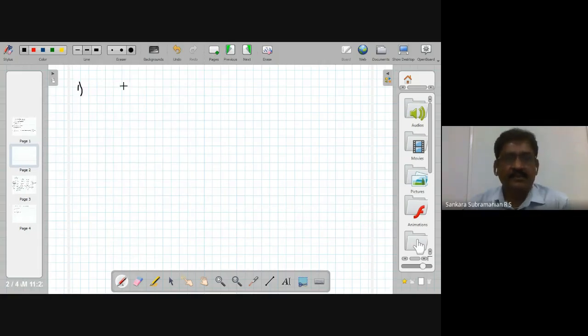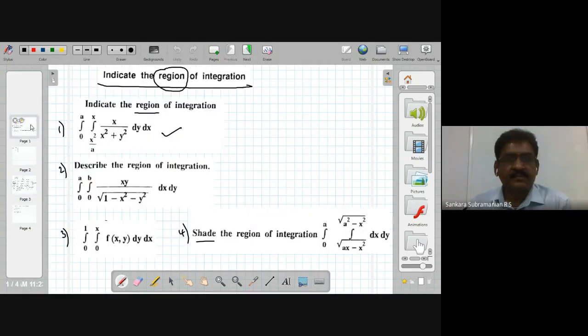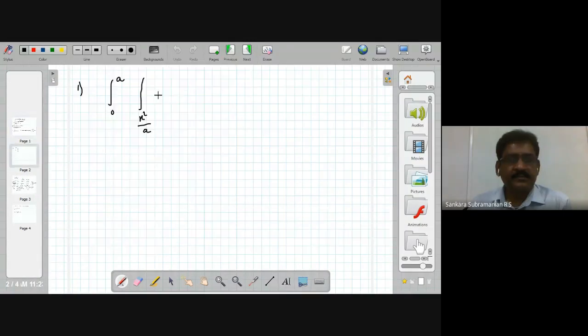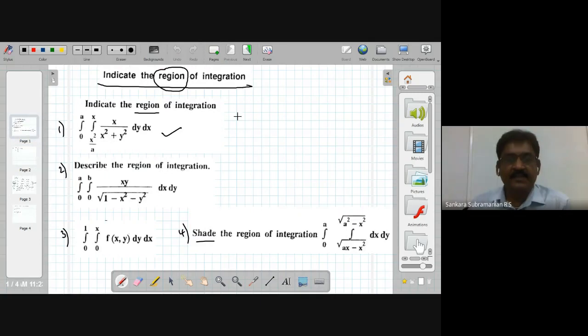Problem number 1: integral 0 to a, integration x square by a to x, and there is a function f(x, y) that I don't want for sketching the region.